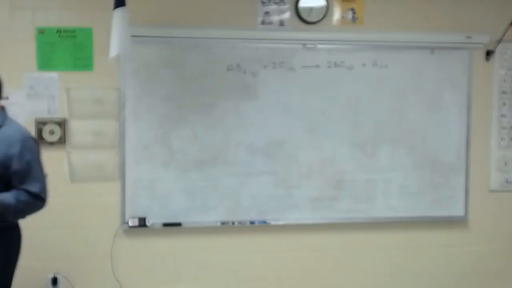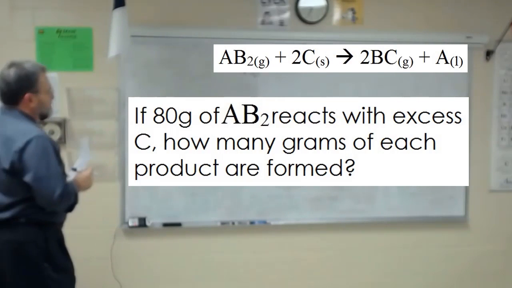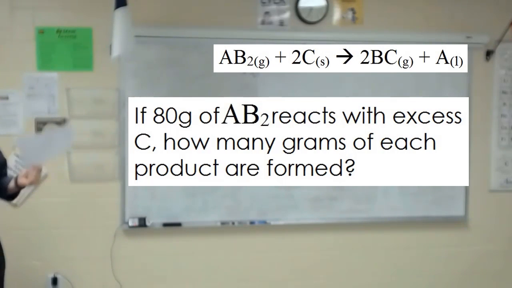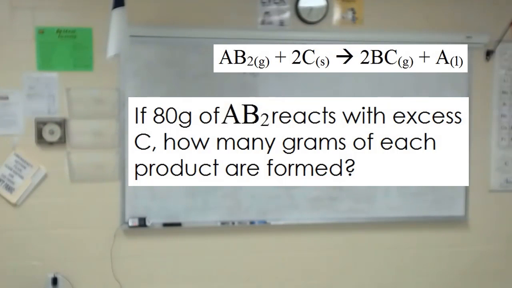So the question asks that if 80 grams of AB2, process-wise, what am I going to do first, given that? I mean, I already have the reaction equation, right?